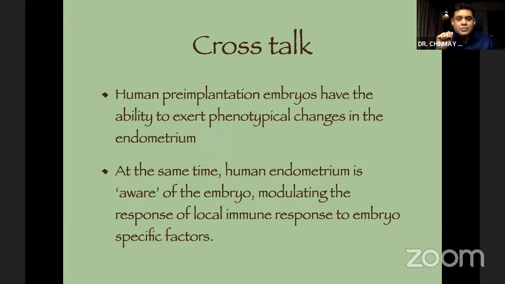Whenever we are explaining to the patient about transfer of day 2 or day 3 embryos, we often tell them that embryo quality perhaps is not good and the uterus will be able to help your embryo. What do we mean by that? We are telling them that perhaps uterus is a better incubator. But does it limit to that? It doesn't, because we know that endometrium has the ability to repair, to bring out certain changes in embryo, even if we see a lot of fragmentation in them.